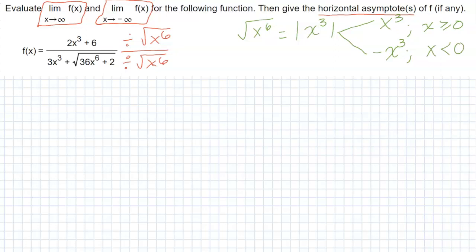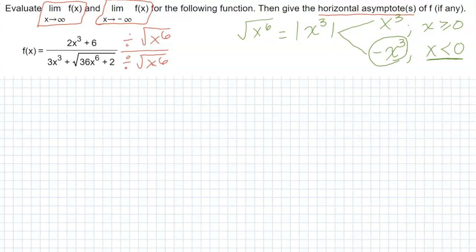The opposite of a negative number is a positive number. That's what this means. This actually is a positive number, not negative. It's just written with the opposite of a negative number because x to the third is a negative number, and x to the third is a negative number because x is negative.